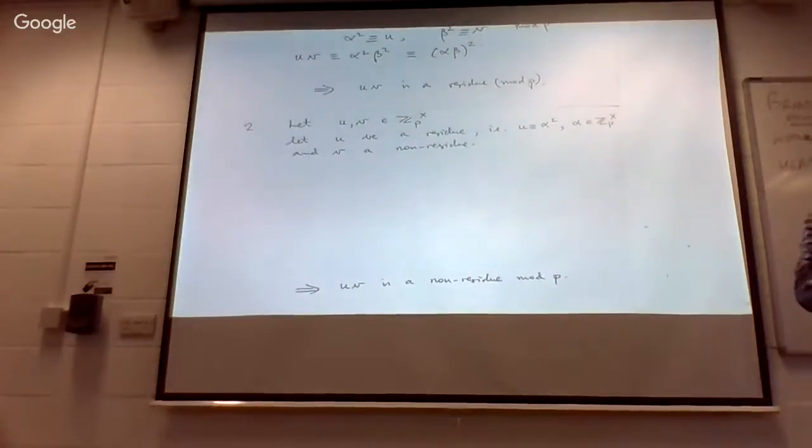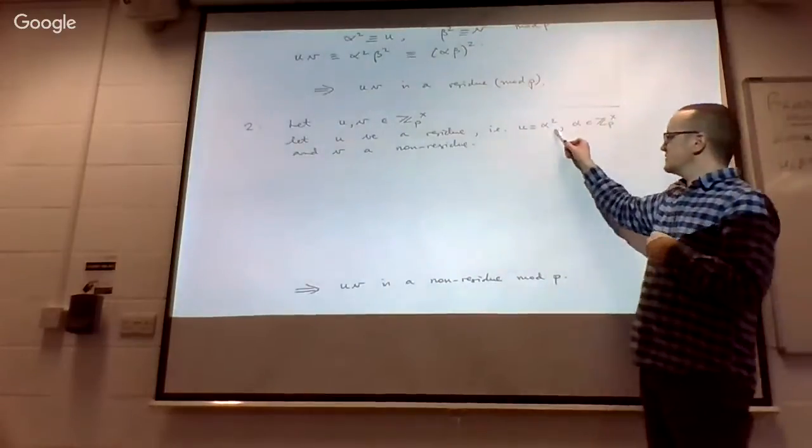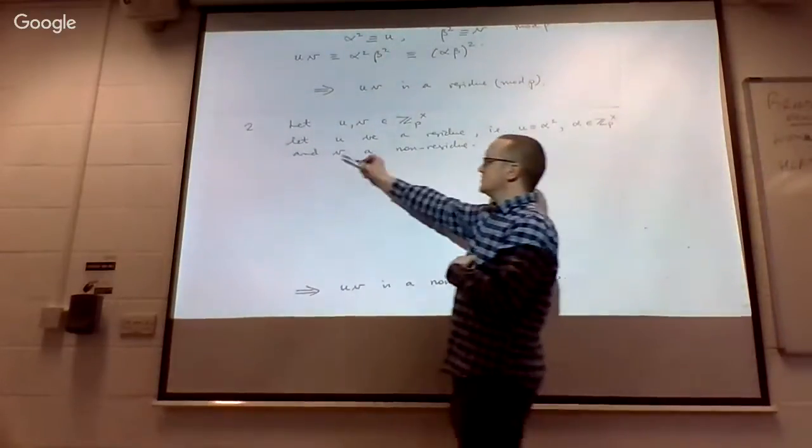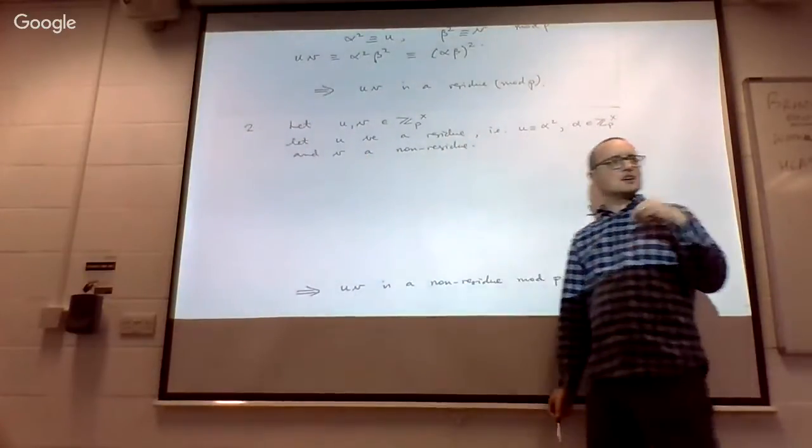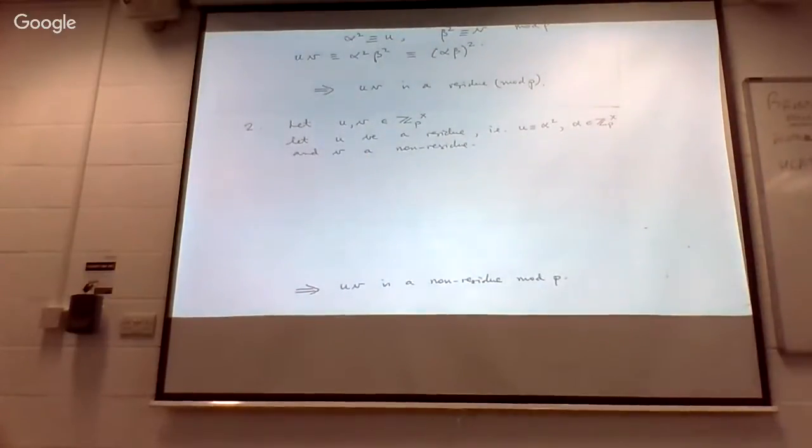This is like multiplying a positive number times a negative number. You know you get a negative number. But here, we're multiplying something that has a square root by something that doesn't, and we want to conclude, therefore, that the product does not have a square root.